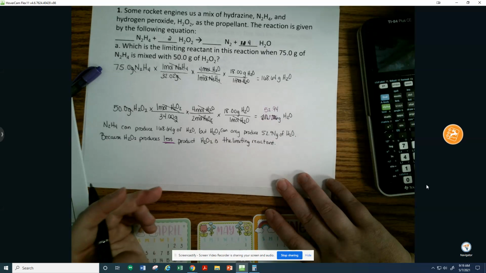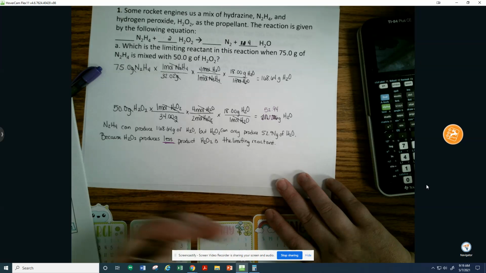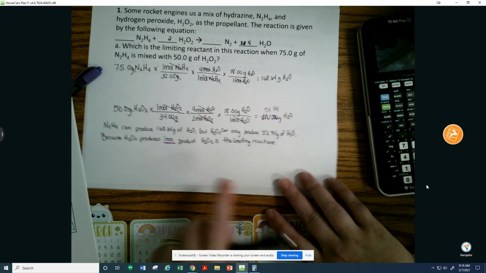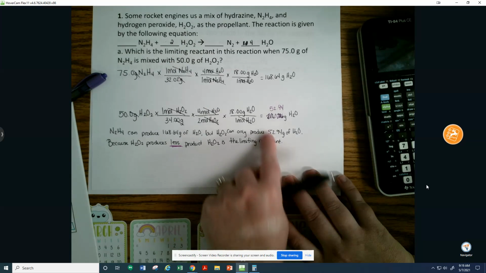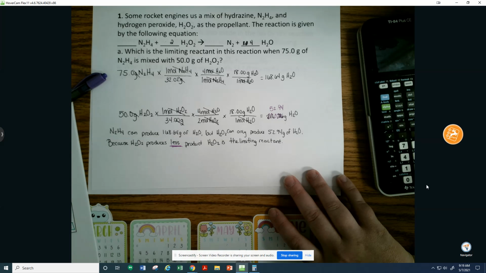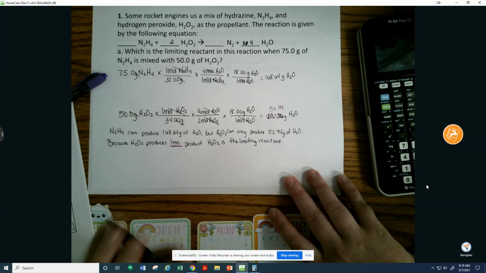So like the scenario with our trike, we ran out of tires long before we ran out of seats. We were only able to make 2 trikes because we only had 7 tires. And so again, that's the same thing that's going on here, is we get this much product and then the hydrogen peroxide's gone and that reaction can't go any further. There's going to be hydrazine left over.